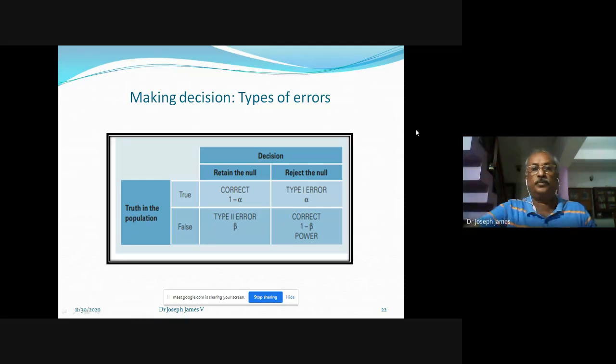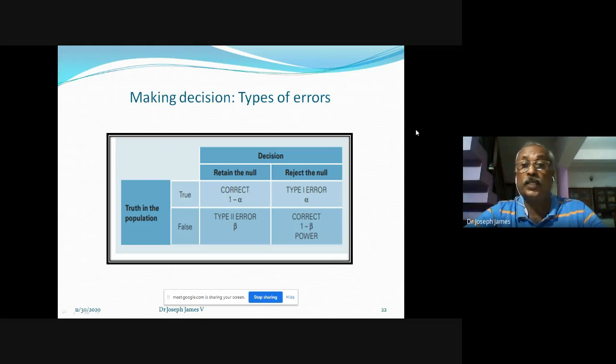Then coming to making a decision. Here we are given a table. We retain the null hypothesis when it is true. That is the correct decision. Retain the null hypothesis when it is true is a correct decision.